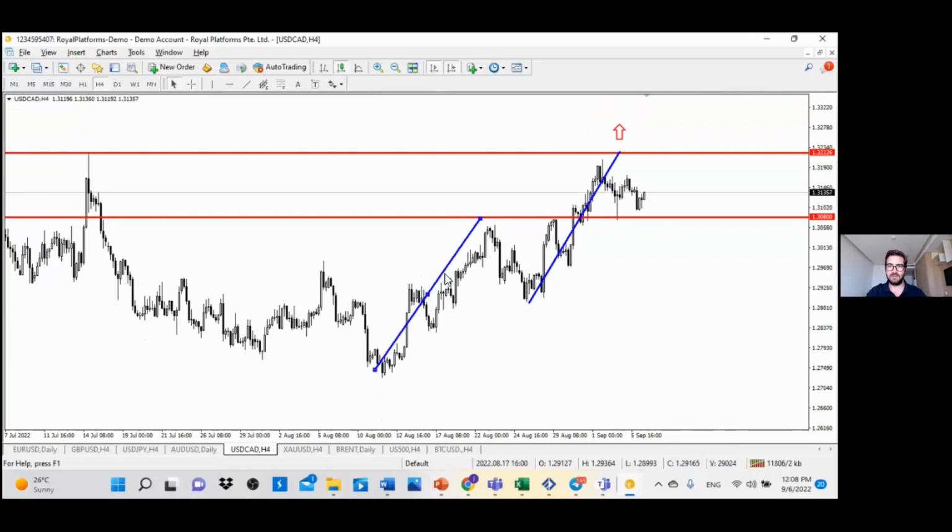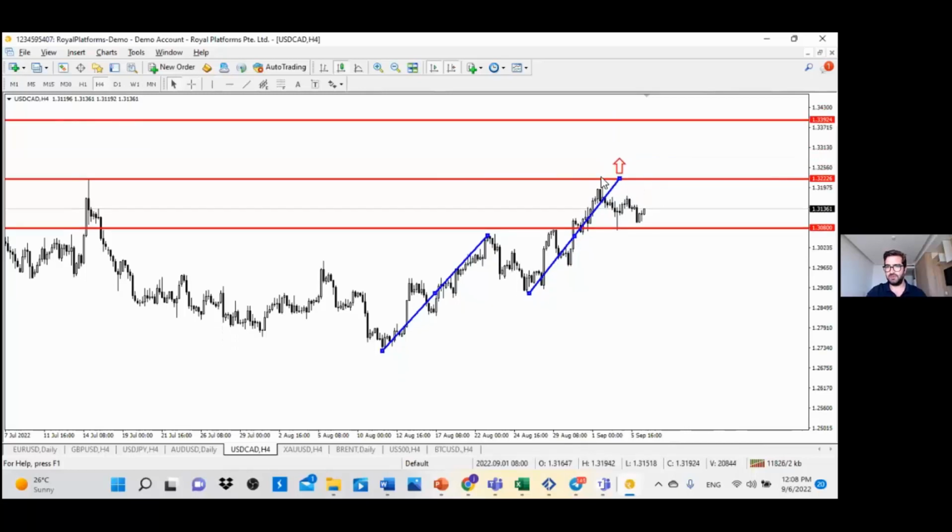So this equal to this, the market almost reached the end of the CD wave. What I will see is another move to test this high, which is 1.32. Okay, so the market is moving to test this area.